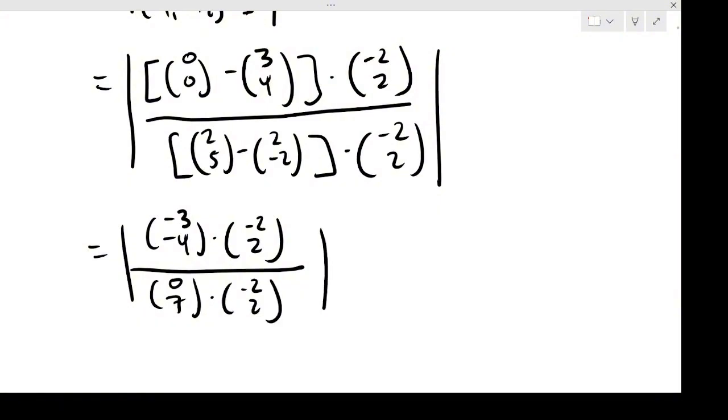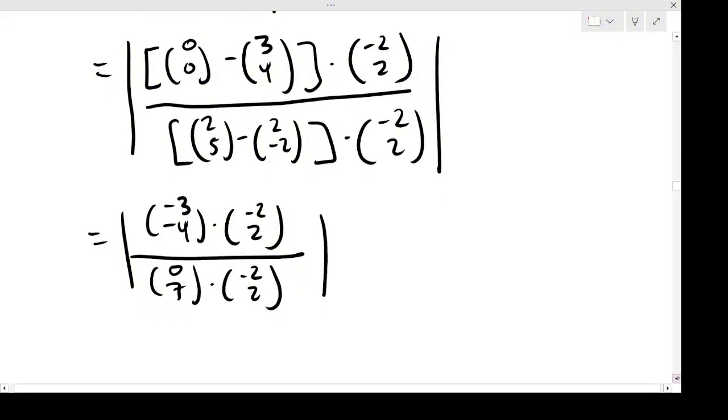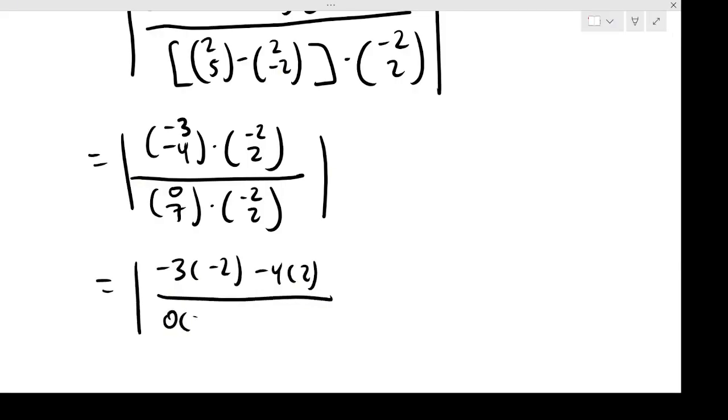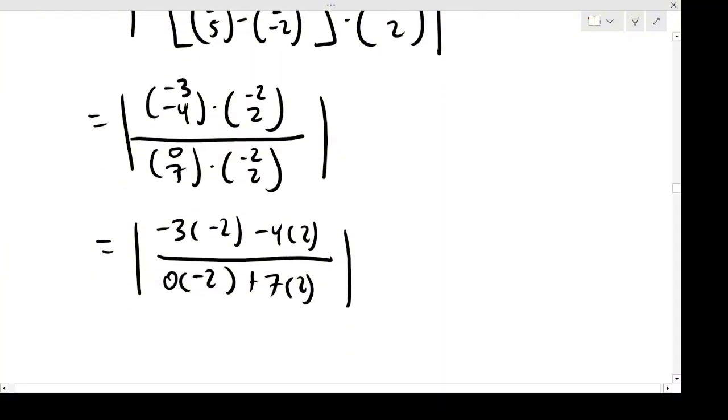Then if we work out the dot products, we're going to get minus 3 lots of minus 2, minus 4 lots of 2, all over 0 lots of minus 2, add 7 lots of 2. And so then that will simplify to minus a seventh.